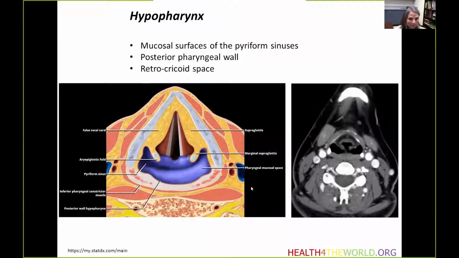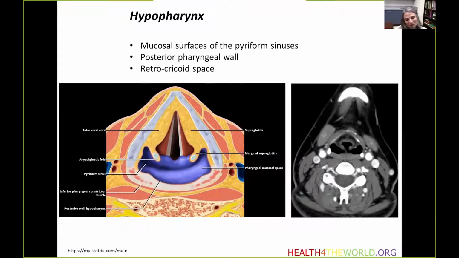The hypopharynx has three main components. It includes the piriform sinuses, posterior pharyngeal wall, and the retrocricoid space. Here on this axial graphic, we can appreciate the piriform sinuses and the posterior pharyngeal mucosal space, and the retrocricoid space is not shown here.